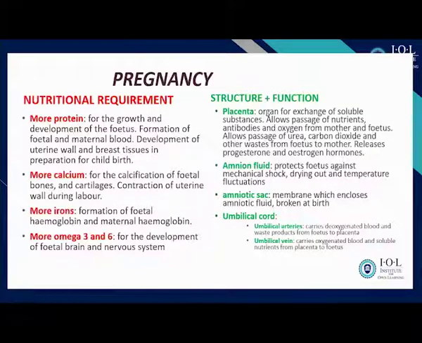Now, another thing is to look at pregnancy. I have seen my students struggle when it comes to pregnancy. Here we are looking at the nutritional requirements during pregnancy and some structures involved in pregnancy. We all understand that pregnancy starts when implantation has successfully taken place. That means the fertilized egg develops into an embryo, and the embryo implants in the uterus lining, in the endometrium tissue.